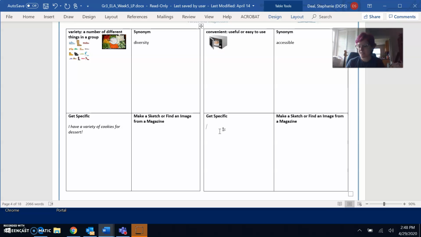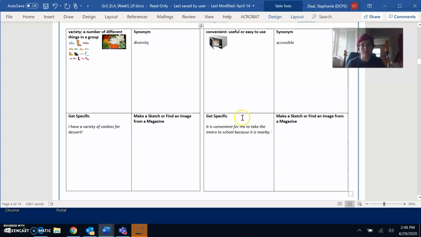So for my specific example, it is convenient for me to take the metro to school because it is nearby. So I'm saying that it's convenient for me to take the metro because it's right there, it's right down the street from school, so it's convenient and easy for me to use.